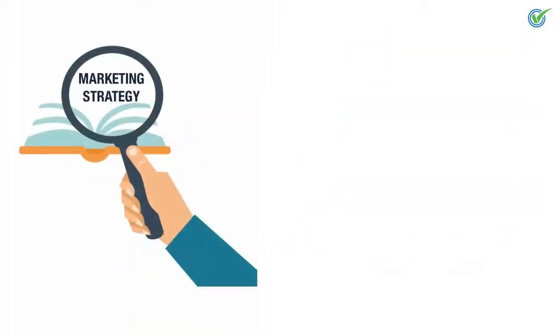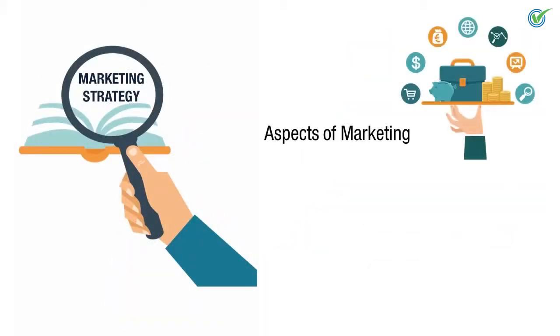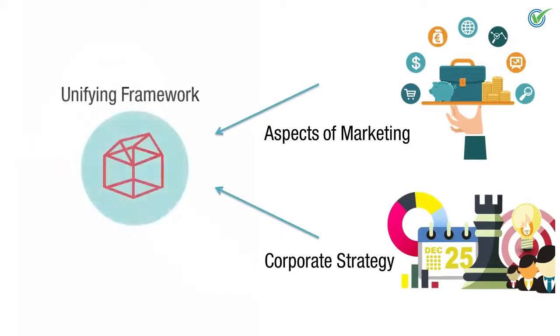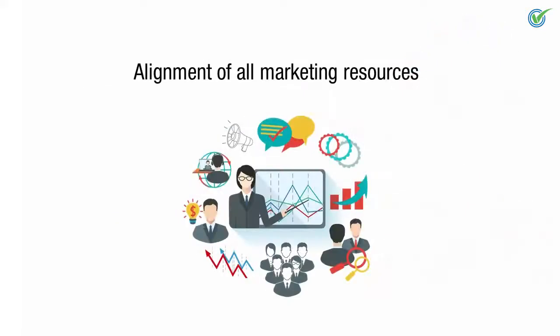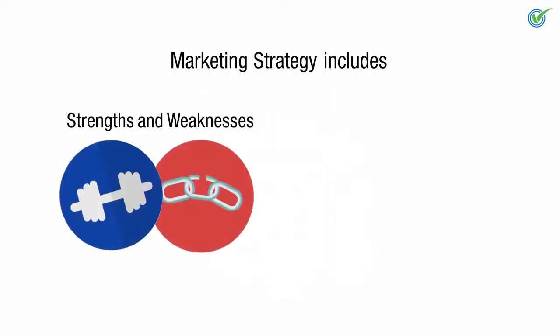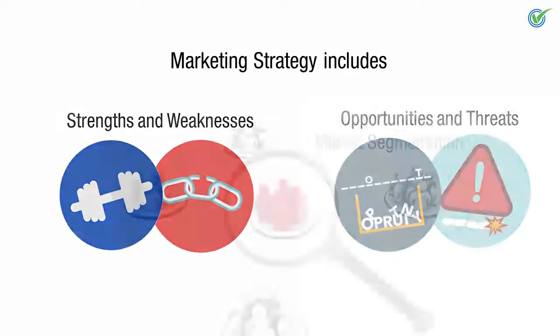Marketing strategy describes how the aspect of marketing strategy aligns with a company's overall corporate strategy and acts as a unifying framework to define and analyze the other aspects of sales and marketing. It also supports the alignment of all marketing resources among all aspects. Marketing strategy includes determining internal organizational strengths and weaknesses, as well as external opportunities and threats.